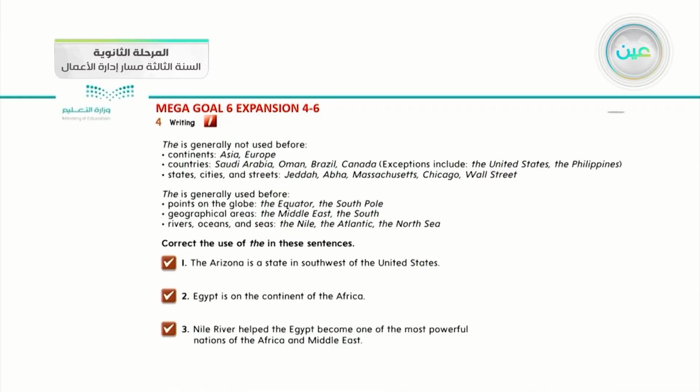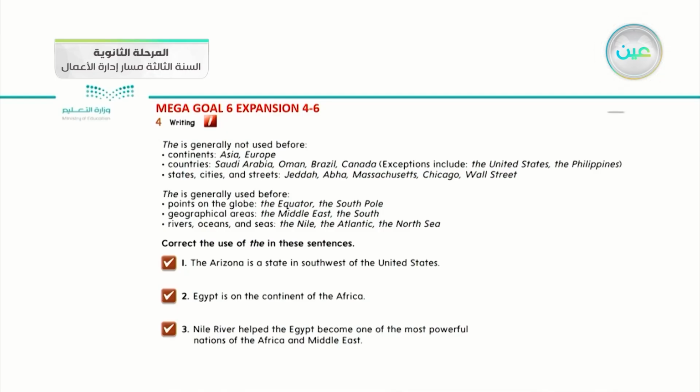Number 2, countries. Saudi Arabia, Oman, Brazil, Canada, but there are some exceptions. What do we mean by exceptions? For these exceptions, we can use "the" with them, as in the United States, the Philippines, and so on. Cities and states, cities and streets: Jeddah, Abha, Massachusetts, Chicago and Wall Street.